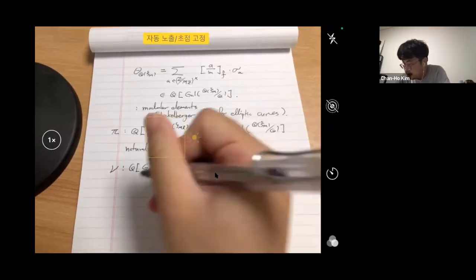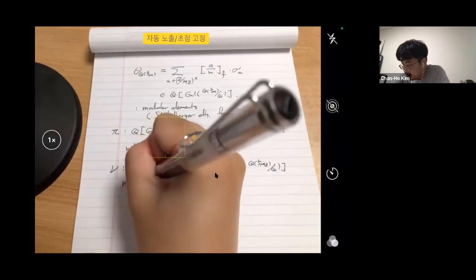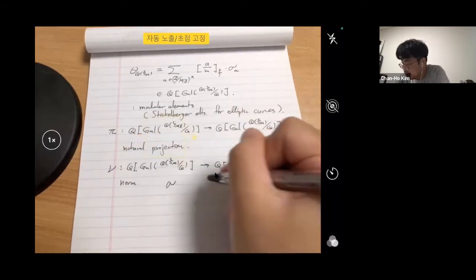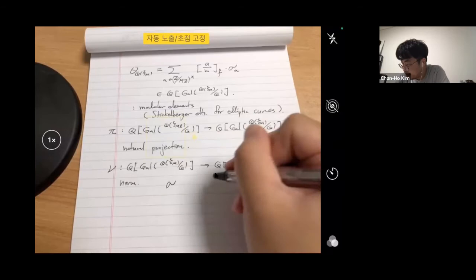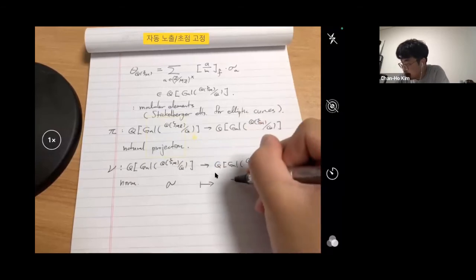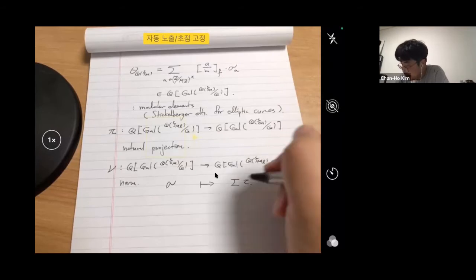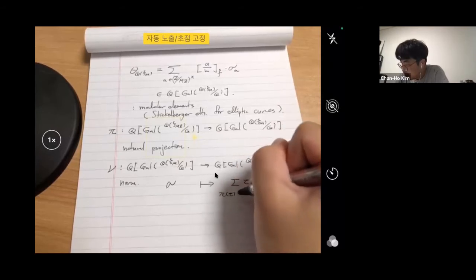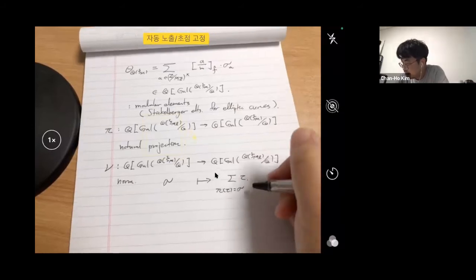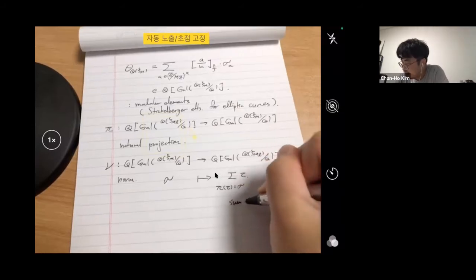So this needs a bit more explanation, but it's not very difficult to guess what it is. Sigma maps to the sum over tau, where the taus are those with pi(tau) = sigma. So in some sense, this is the sum over liftings.